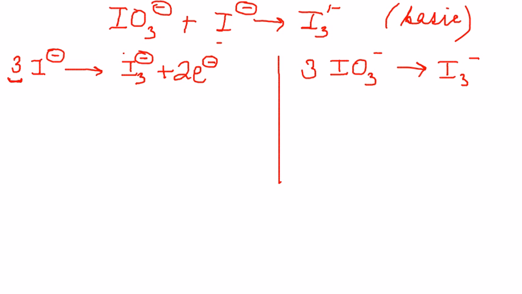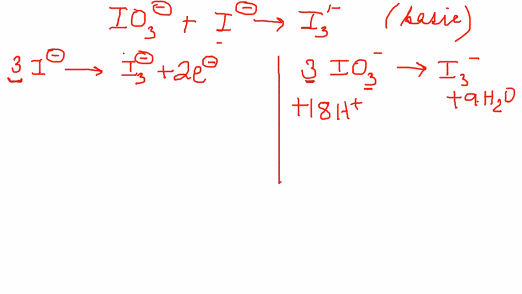And as you do that, you have now incorporated 3 times 3, that's 9 oxygens. That means you have to add 9 H2Os to balance the oxygen atoms. And in the process, what have we done? We have added 9 times 2, 18 hydrogens. And so to balance that out, I'm going to have to add 18 protons on the left hand side.